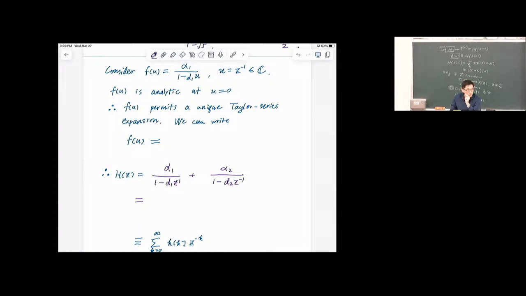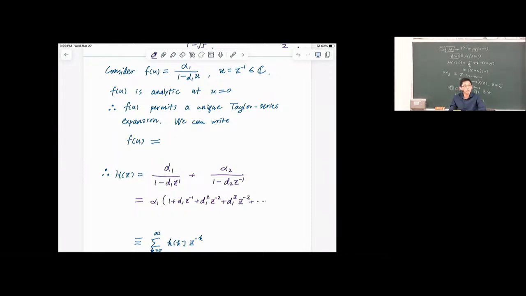Geometric series. How do we do that? You'll know what I'm doing immediately. So here, this is alpha 1 times 1 plus D1 Z inverse plus D1 squared Z to the minus second power, D1 to the third power Z to the minus third power, and so on.